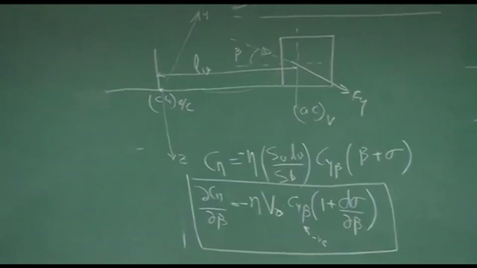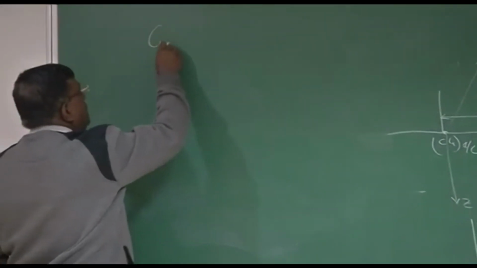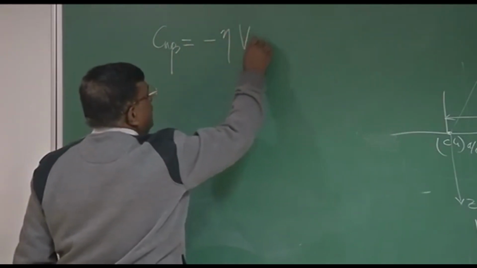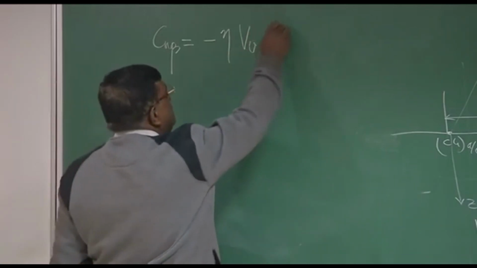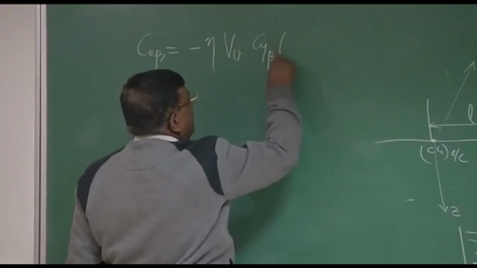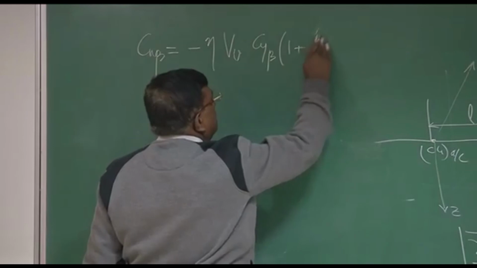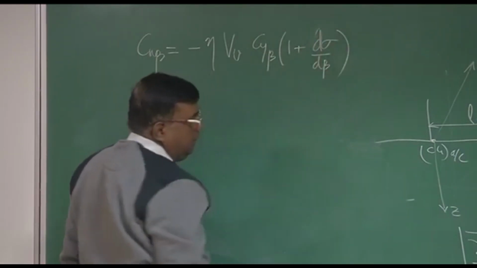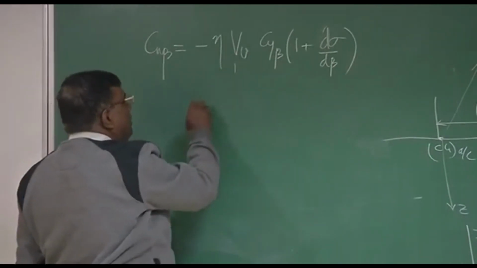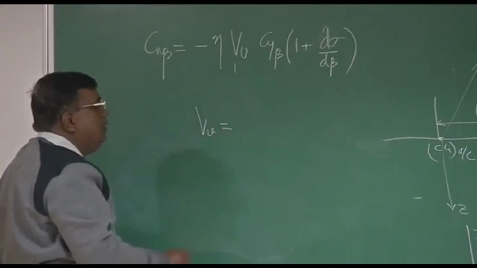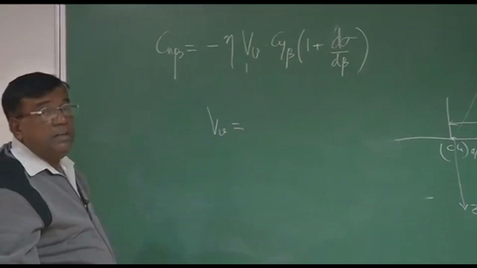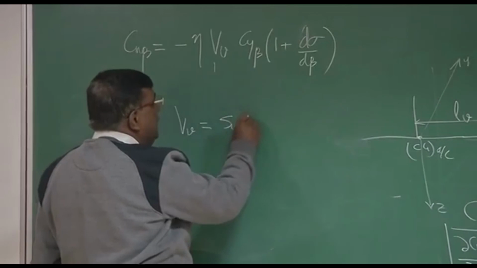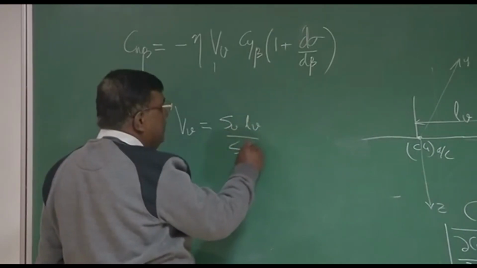The expression I got is Cn beta equals minus eta V_V into Cy beta into (1 plus d sigma by d beta). Okay. What is V_V? Could you recall the similarity of this expression with the longitudinal case? This is S vertical tail, L vertical tail by S wing and b span.